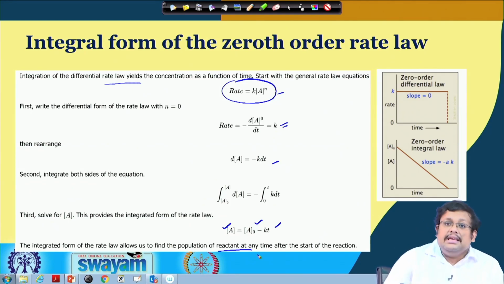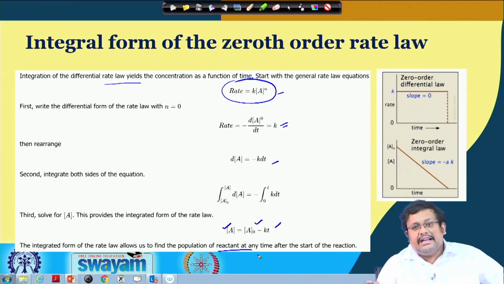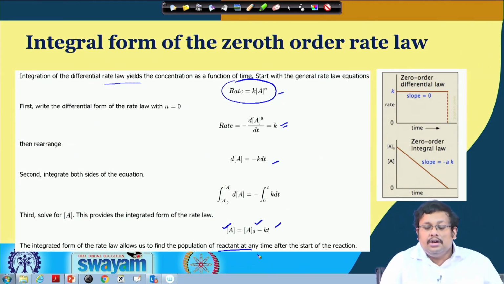So, if we see the graphical representation of both the differential form as well as the integral form of zeroth order rate law, we will see this. In case of zeroth order rate law, in the graphical representation of the differential law, we will see that the rate is basically constant. So, if we plot the rate versus time, we will see a slope of 0.